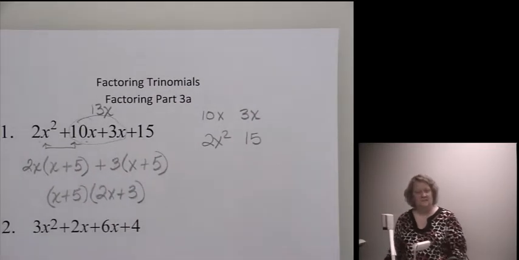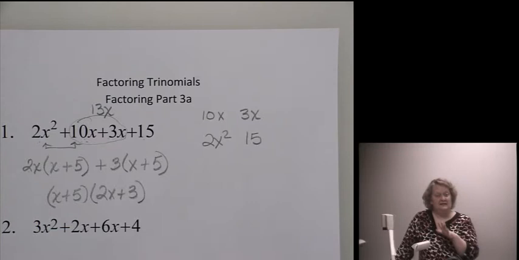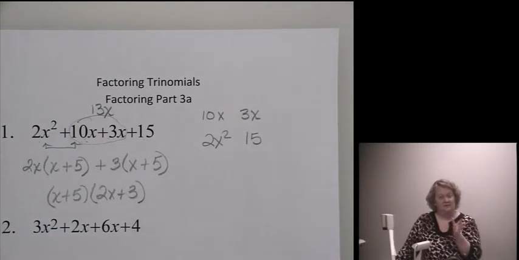What do we notice about those numbers? I hope you see a pattern here, and I hope it just jumps off. When I wrote these numbers down, I hope you see it. And if you don't, then I hope after I show it to you that you see it. That 10x and that 3x and that 2x squared and that 15 share something.